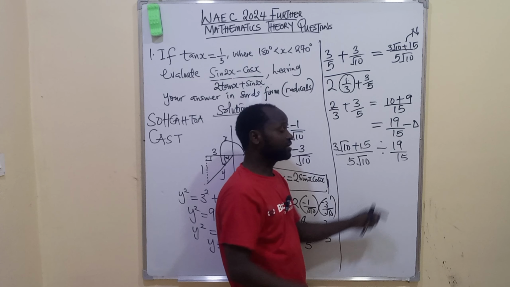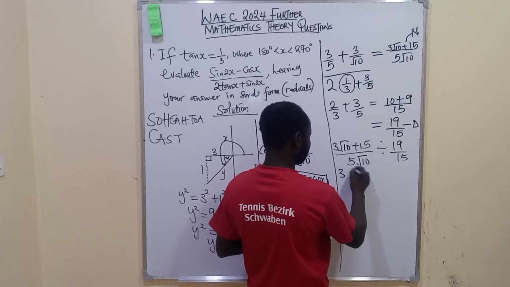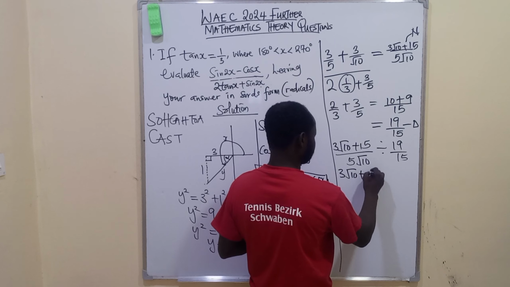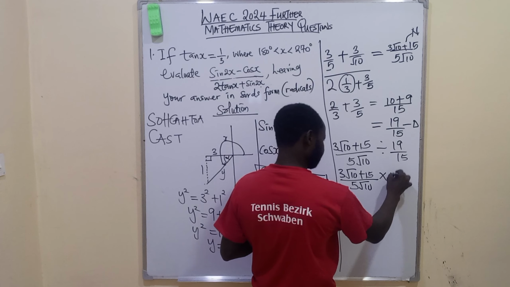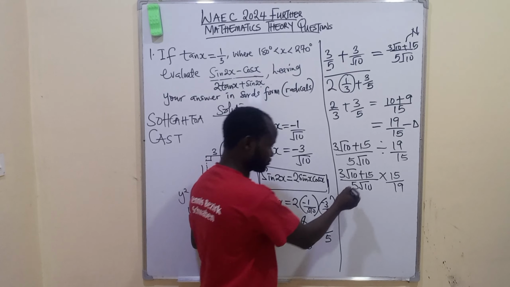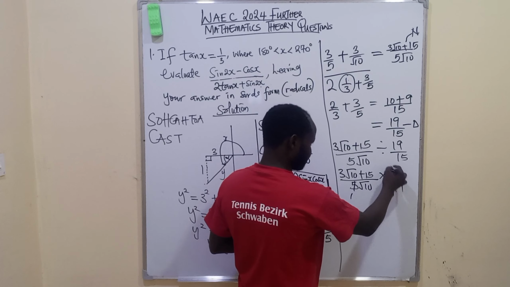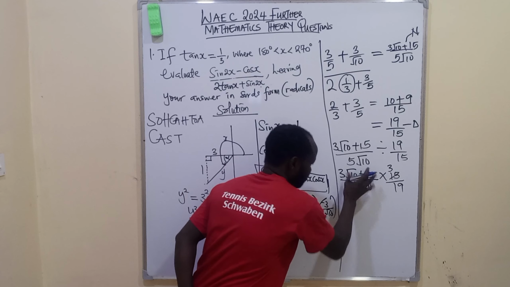This 15 that is the denominator here will become the numerator. So this will be 3 root 10 plus 15 divided by 5 root 10, times 15 divided by 19. I can reduce this 5 here to 1, and 15 here to 3. I will be left with 3 times the whole of this.